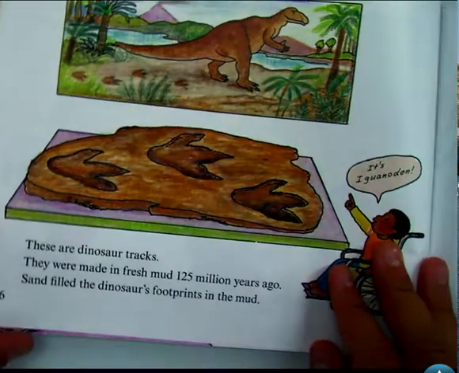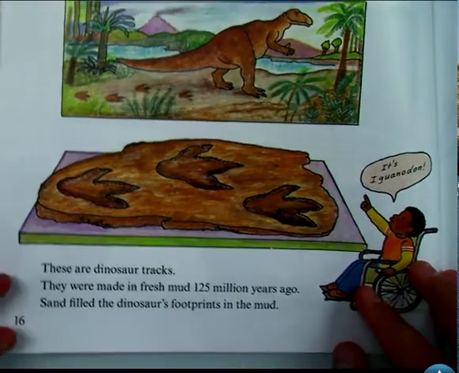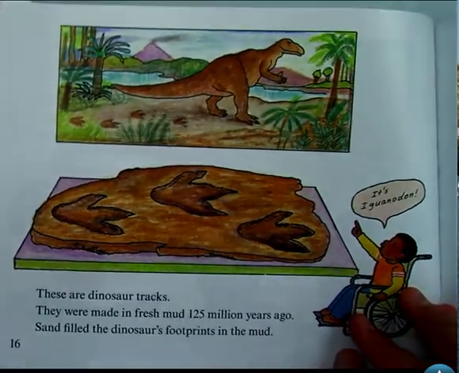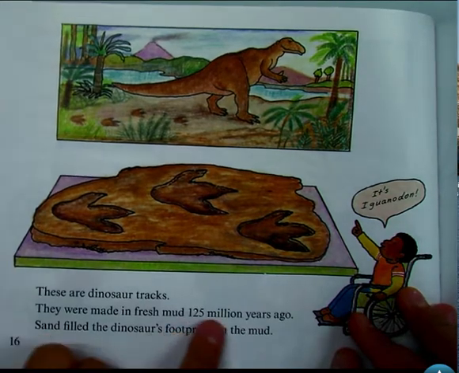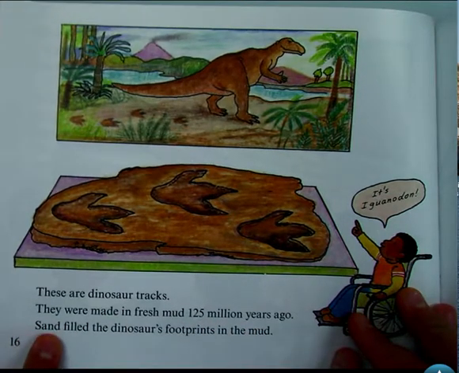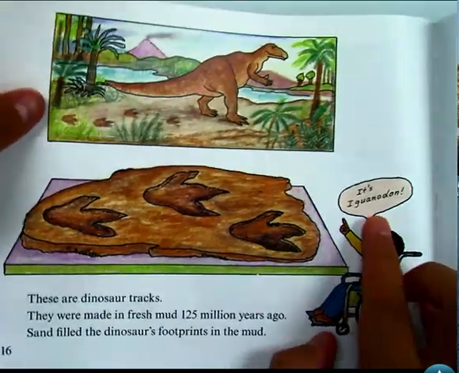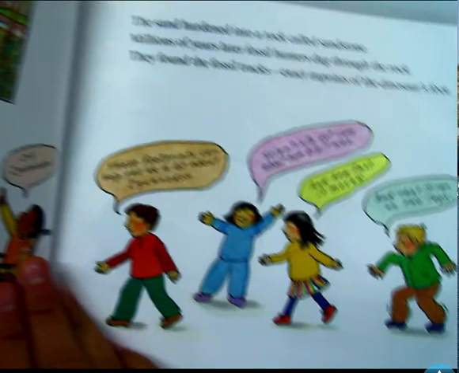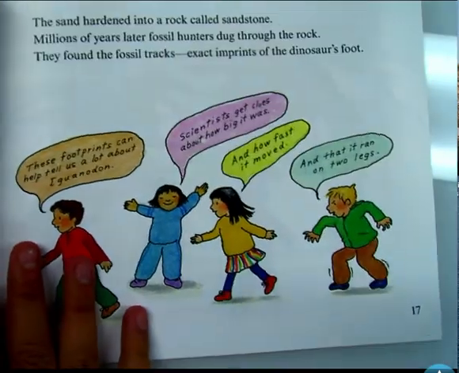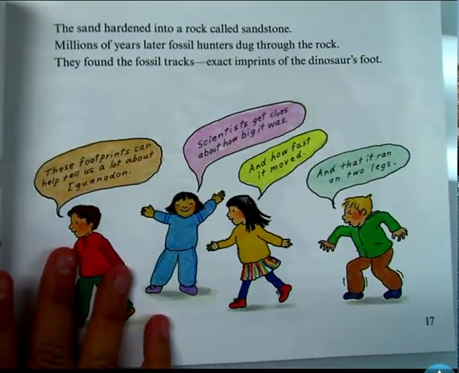There are dinosaur tracks. They were made in fresh mud 125 million years ago. Sand filled the dinosaurs' footprints in the mud. It's Iguanodon! The sand hardened into a rock called sandstone.